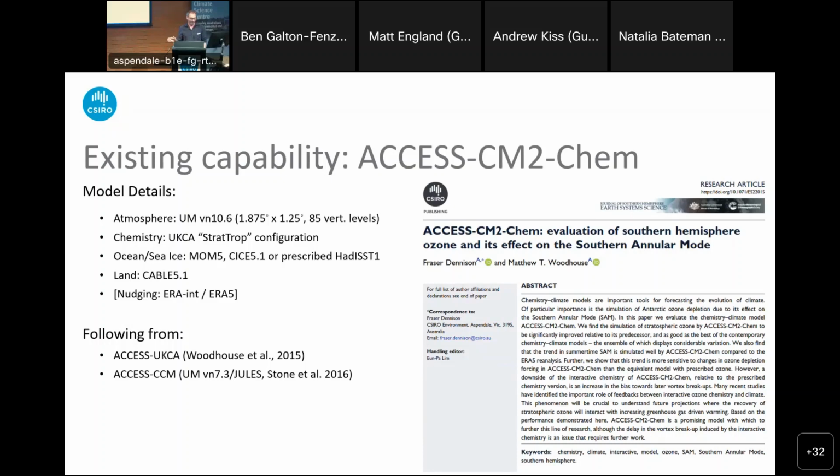Some more ACCESS-like, some less ACCESS-like. ACCESS-CM2 Chem, that little screenshot there is a paper just published, in fact, in JAMES, written by Fraser Dennison, and any further details can be grabbed from there if you like.